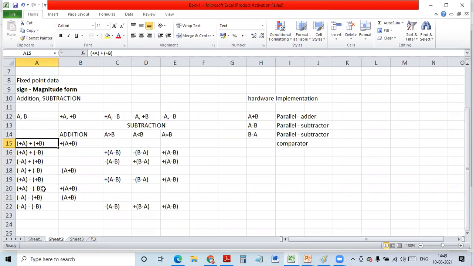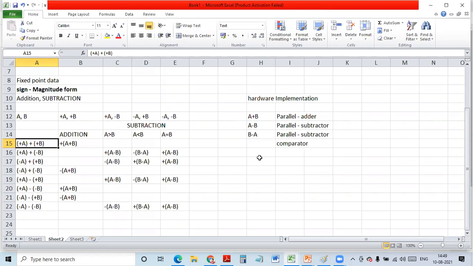Similarly, if the signs of the two numbers are the same, during subtraction, I go by subtraction only. If the signs of the two numbers are different, during subtraction, I go by addition. So I require the relation between the two signs of the two numbers, whether both are the same or both are different.